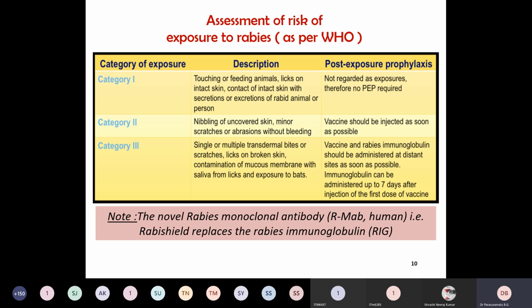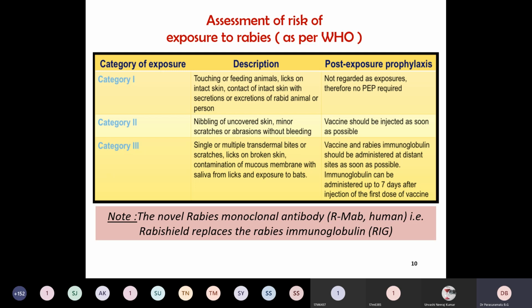You should also remember that animals that are ordinarily not known to transmit rabies in India are bats, rabbits, squirrels and rodents. Bites from these animals will not require post-exposure prophylaxis because they usually don't transmit rabies.